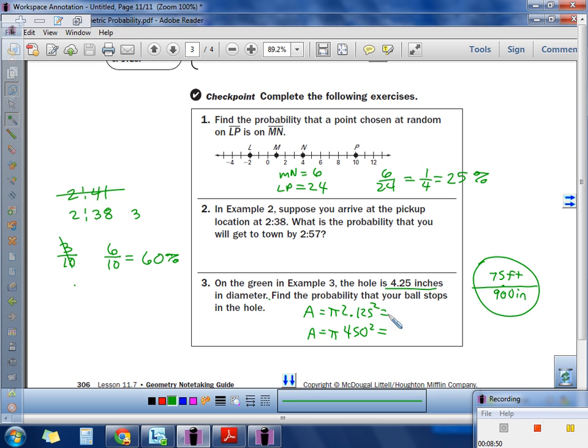Then we can get each of those areas. So when we calculate these two areas, we get these two numbers. If we set them over each other, then we can see that that's going to equal about 0.00022, and if you change that to a percent, that moves over 2 places, so that's 0.0022% chance that you're going to get a hole in one.